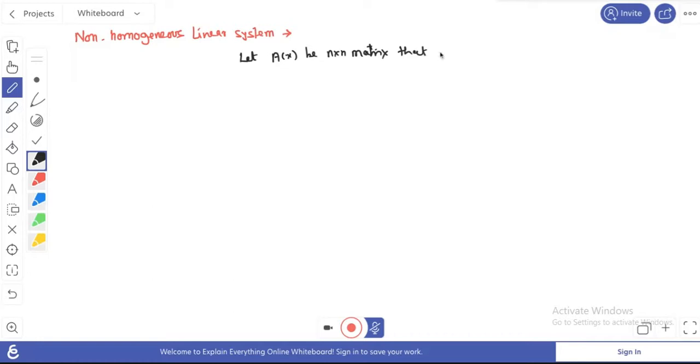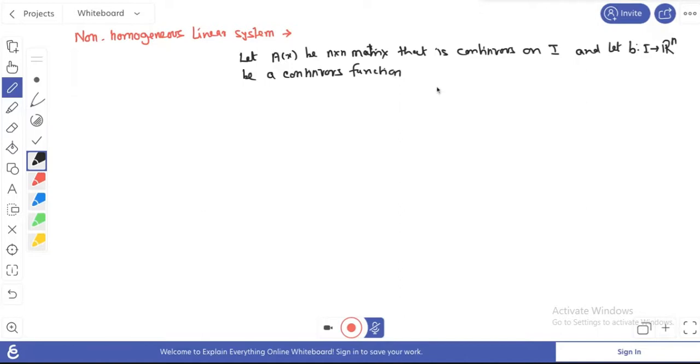of this non-homogeneous system that is continuous on some interval, and also suppose B is a column vector from R^n, and this is a continuous function on the same domain.